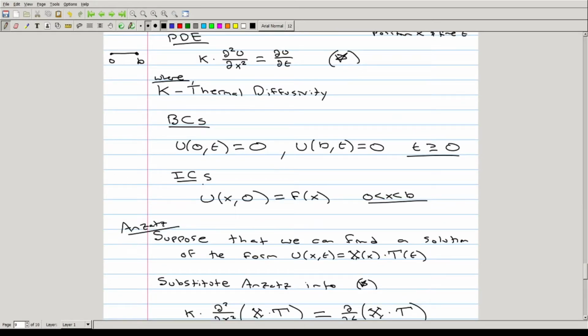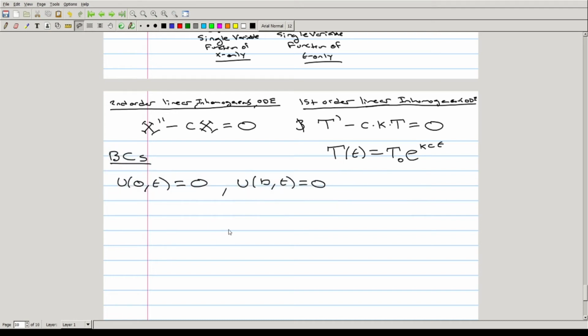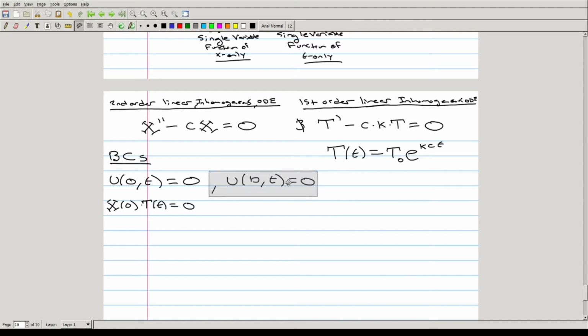Remember, the boundary conditions here for a separable solution will need to be satisfied by the solutions of this ordinary differential equation, and the boundary conditions then reduce, for the separable equation, to x of 0 times T of t equals 0, and the second boundary condition will be satisfied if x of b times capital T of t is equal to 0.